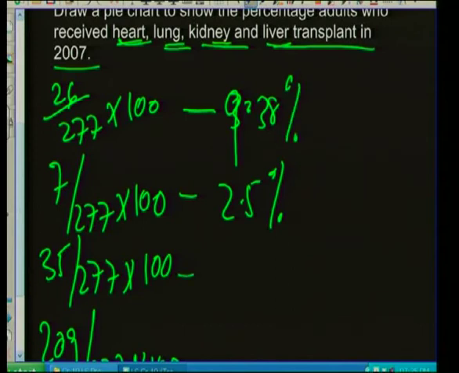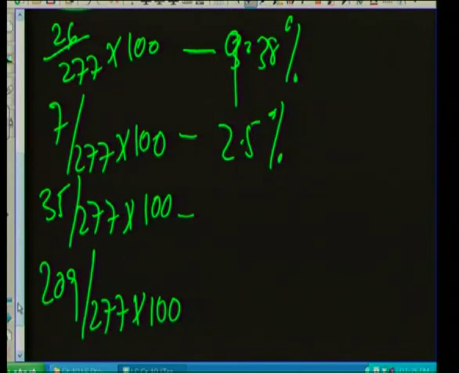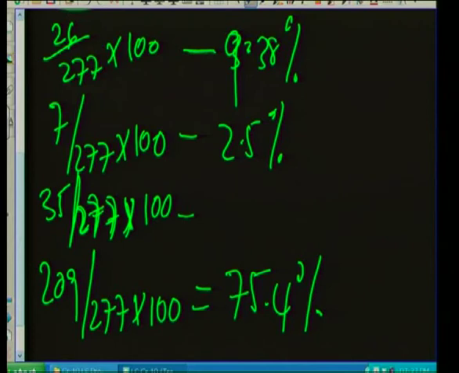The third one, this one here, should give you something like 75.4%, the one on the kidney. And the livers were 35, so 35 divided by 277 times 100, and that gives you a percentage of plus minus 12.6%.